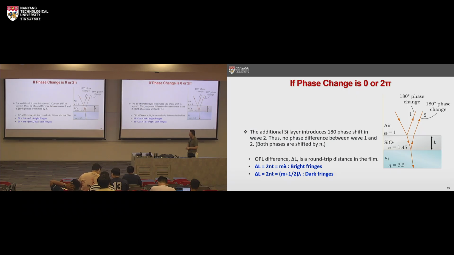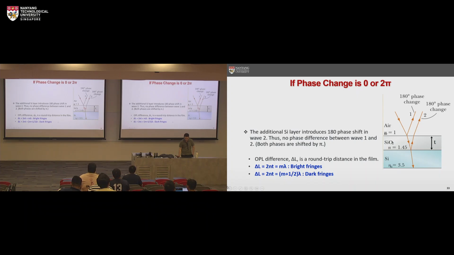Okay, so here we have one example. This is air, SiO2, and silicon. When one light shines down, it will generate two reflections. One is number 1. The other one is number 2.